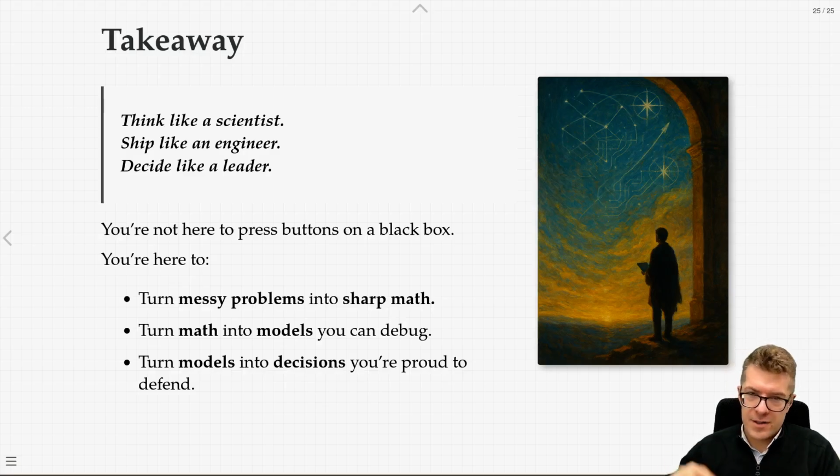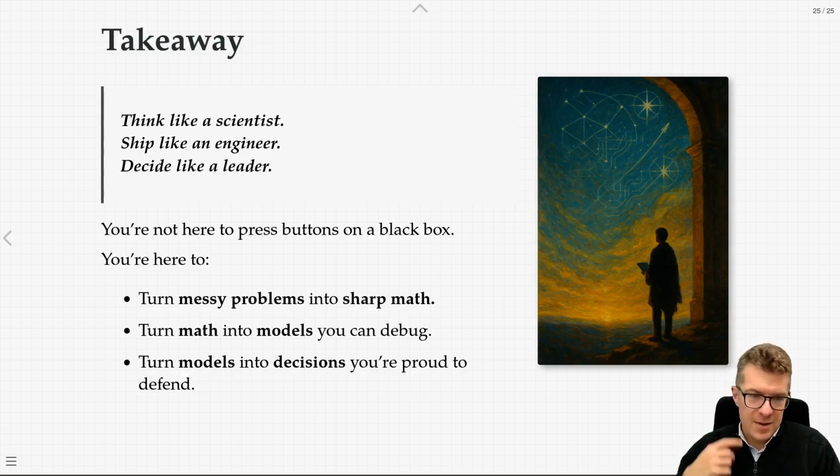We're not here to just press buttons on a black box, right? If you're thinking of using AI or machine learning as just, I'm just going to send prompts to a chatbot, that is not science, that's not responsible, and you're not going to have real world skills that are going to be important for you. So we're going to need to dig deeper.